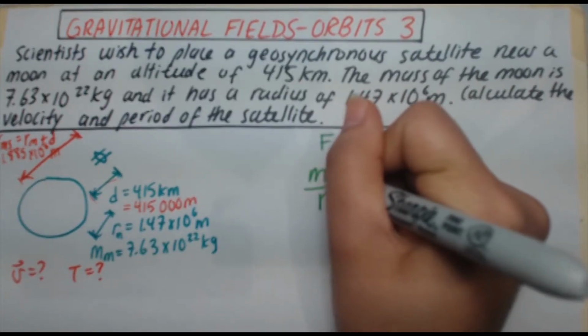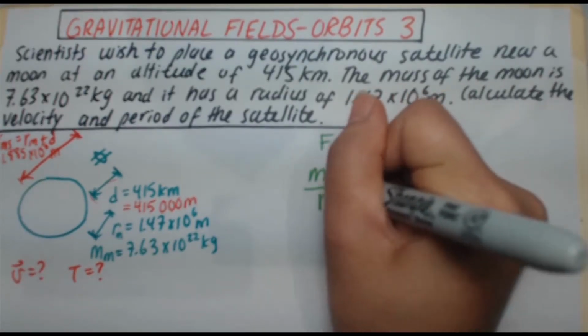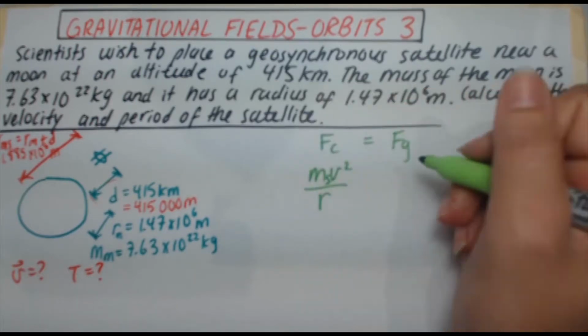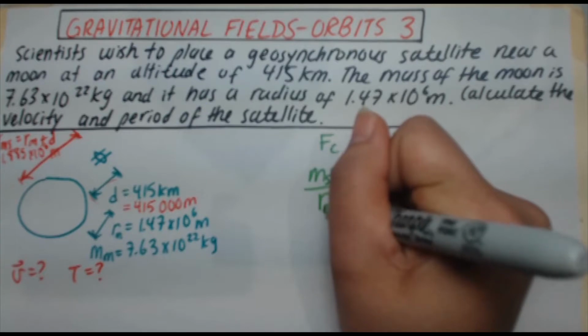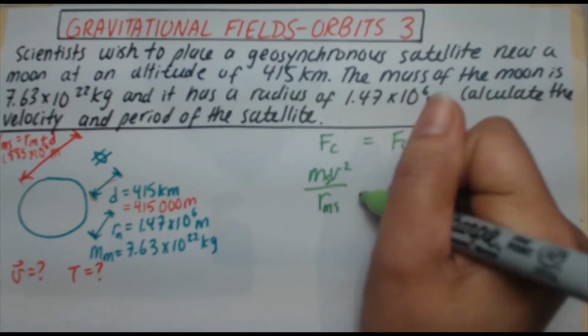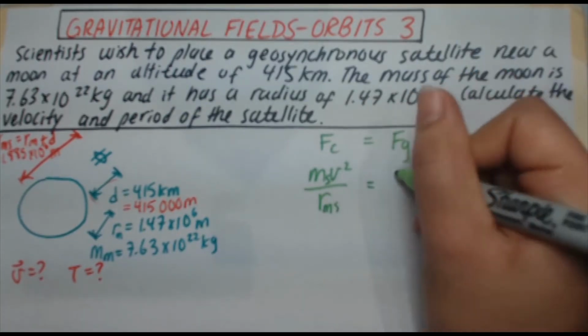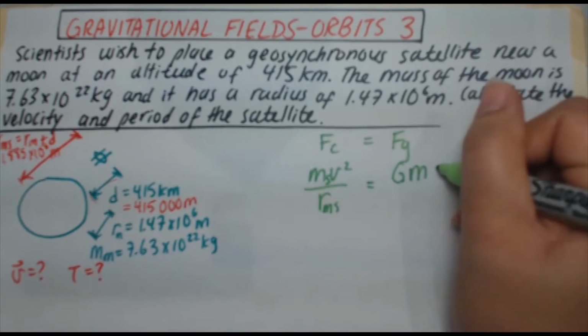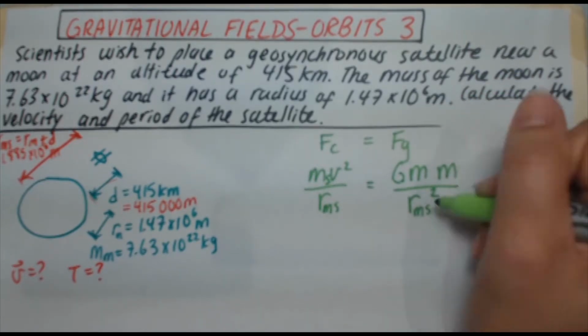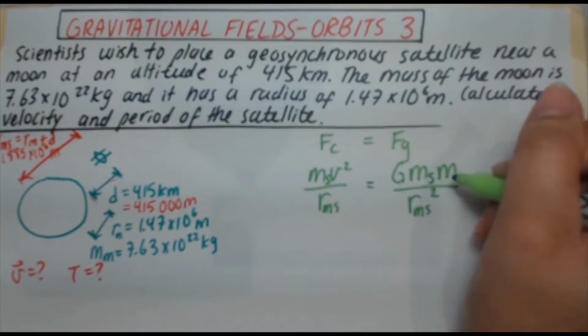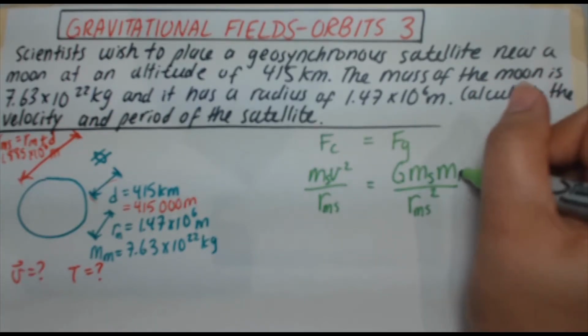The mass you put here is the mass of the satellite, the thing that's orbiting the host object. And this distance r is the distance between the center of each mass, so R_MS. Now force of gravity is G m1 m2 over r squared. Now the r again is R_MS. One mass is the mass of the satellite and the other is the mass of the moon.